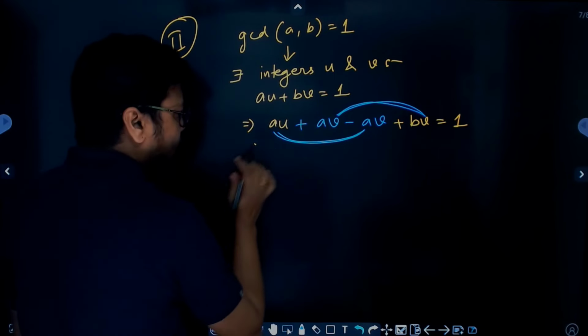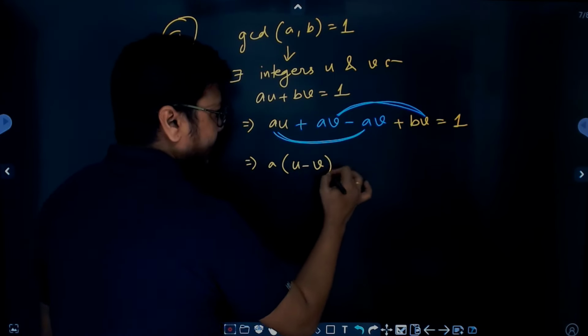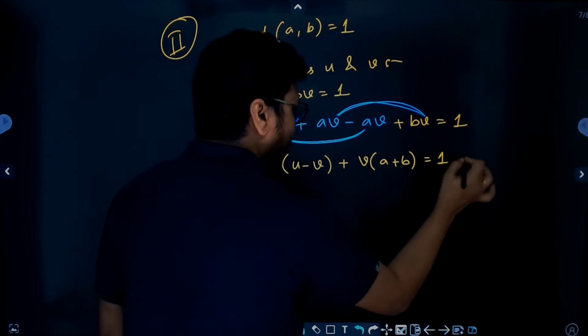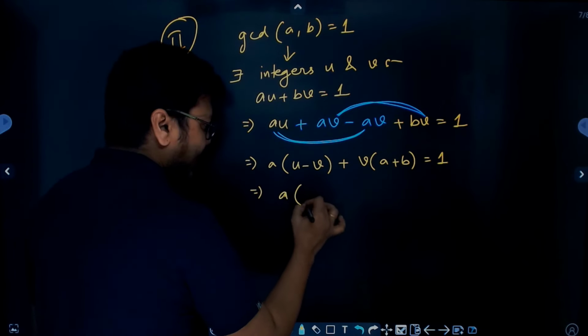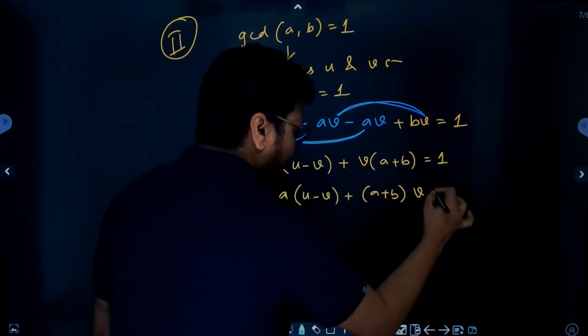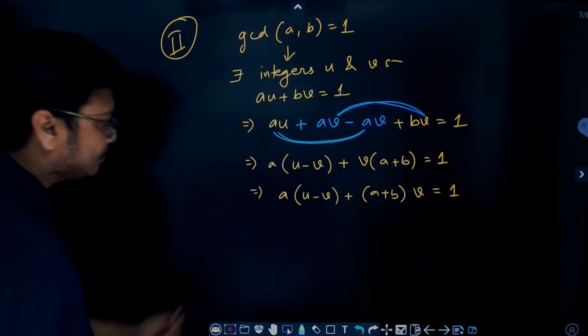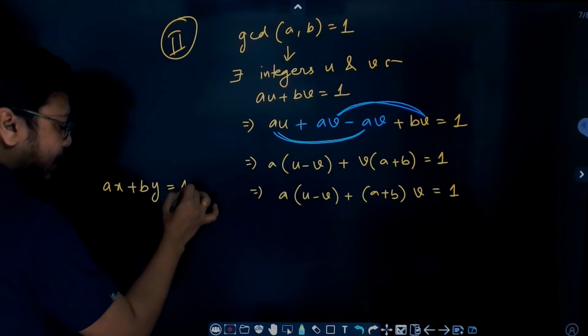If I take A common, I will have U minus V, and if I take V common, I will have A plus B, equals 1. So I can write it this way: A times (U minus V) plus (A plus B) times V equals 1. Now this resembles A times X plus B times Y equals 1.